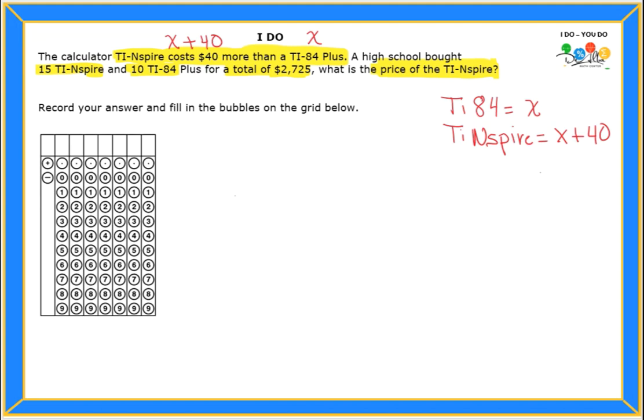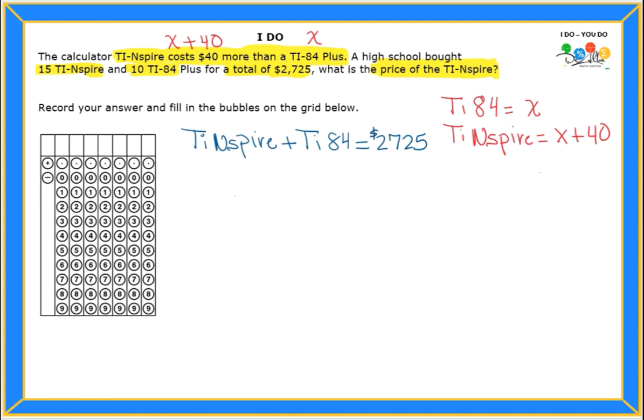So what do I know about the problem? They bought 15 Inspires and only 10 TI 84s. So what do I know about my equation if I want to set something up? Between the TI Inspires and the TI 84s that they bought, the total was $2,725.